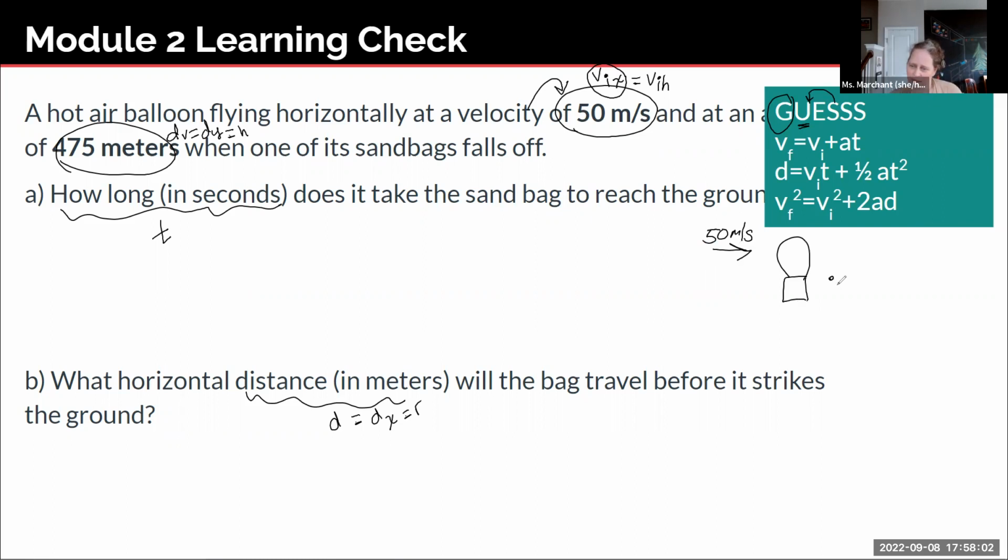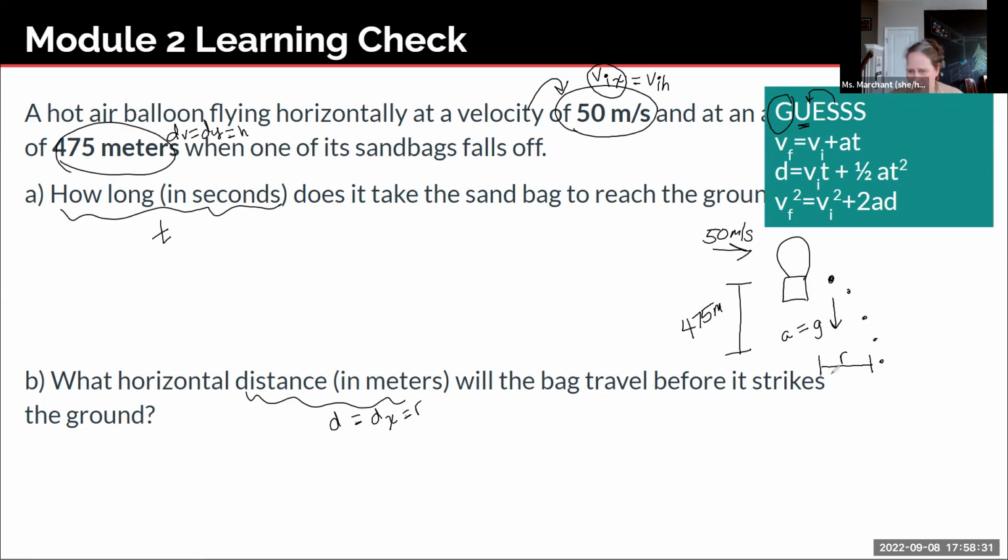And then we're going to lose a sandbag, and that sandbag is 475 meters above the earth. And we assume it's the earth. It's going to fall in this type of motion right there. What is pulling it down? Gravity is pulling it down. So our acceleration is due to gravity. Now we've got to think a little bit.